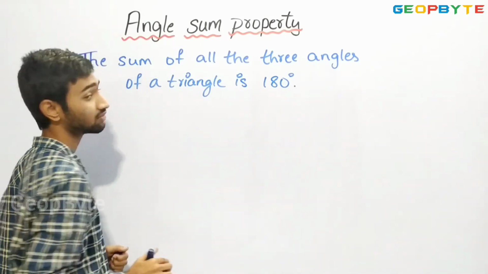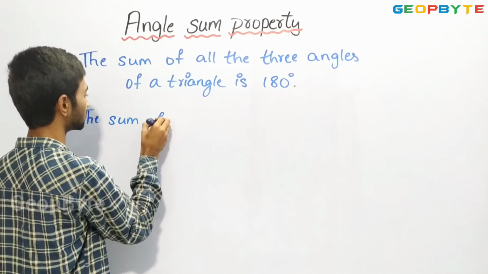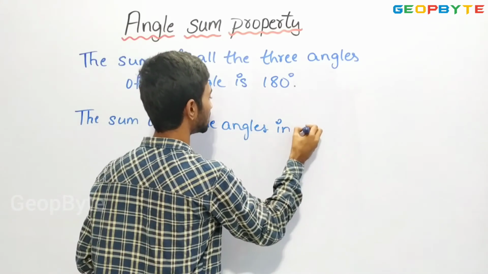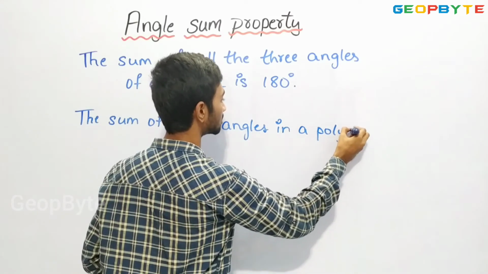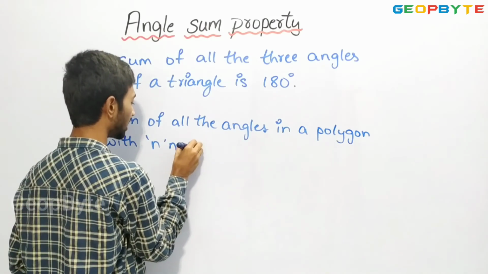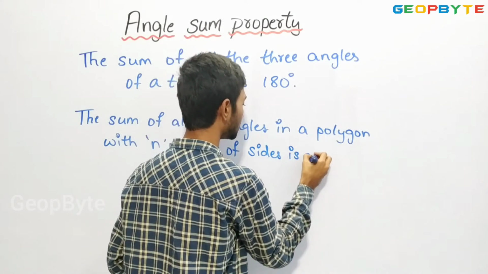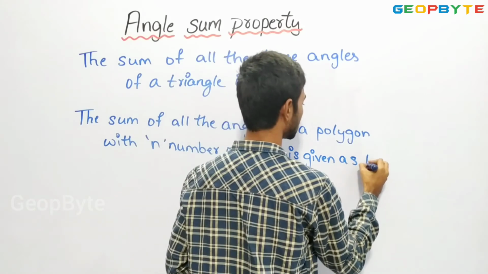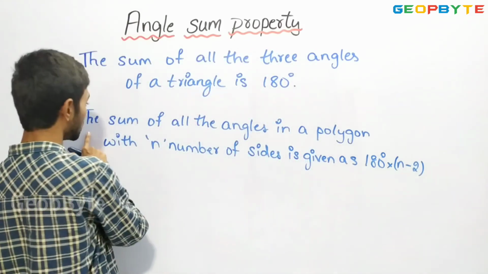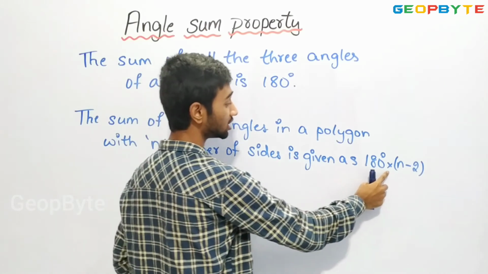We got 180 degree from the formula, that is the sum of all the angles in a polygon with n number of sides is given as 180 degree into n minus 2.